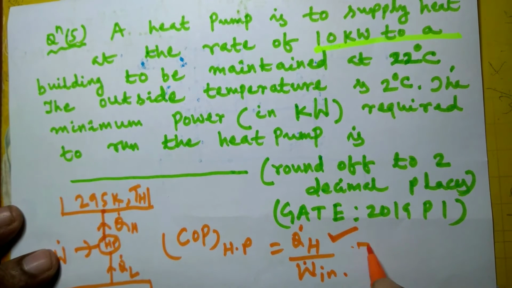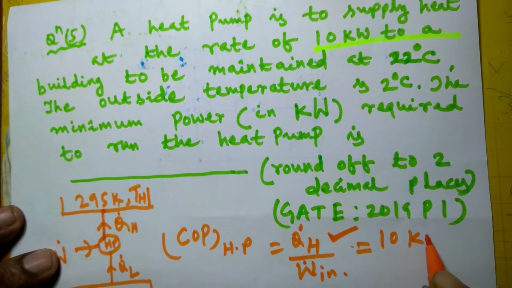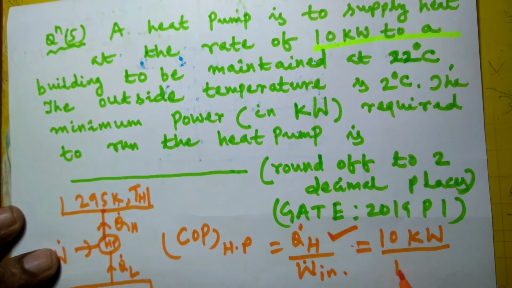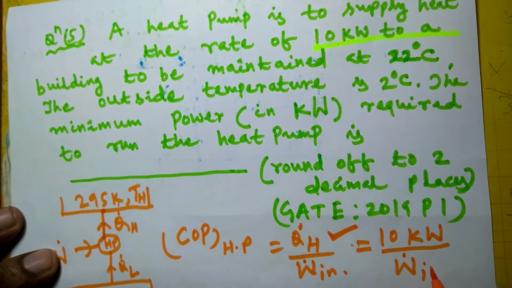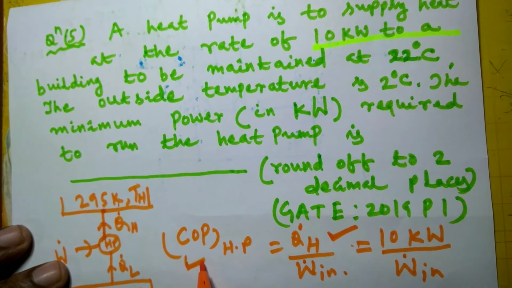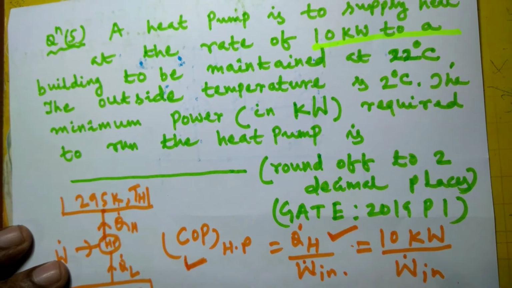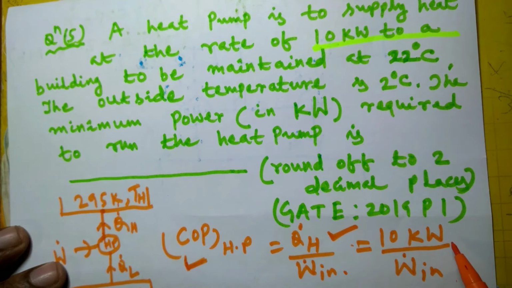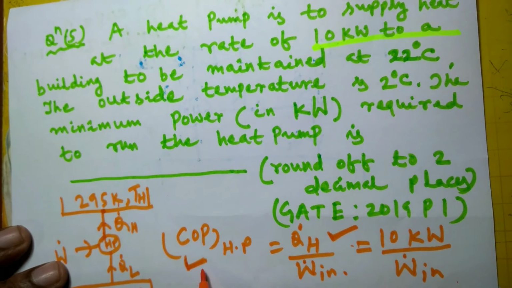So this is 10 kilowatt divided by W dot in. Obviously minimum work input is required only when the COP is highest. From this expression, this 10 kilowatt is fixed. So how can the W be at its minimum level? Only when the COP is highest.